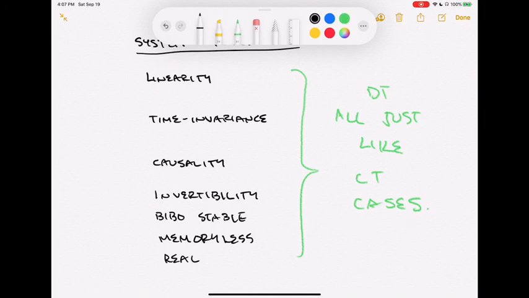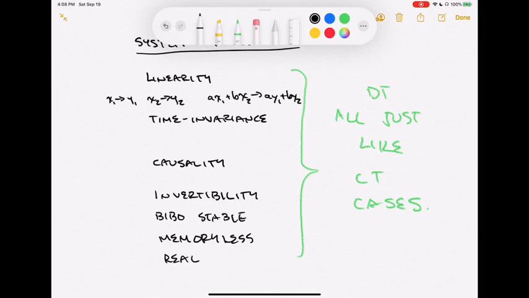What is linearity? Well, if an x1 goes to a y1, and an x2 goes to a y2, then superposition holds: ax1 plus bx2 goes to ay1 plus by2. It tells us that summing and scaling commute with the system operator. It's all the same sort of stuff, the same sort of difficulties, the same idea as we saw for continuous time.